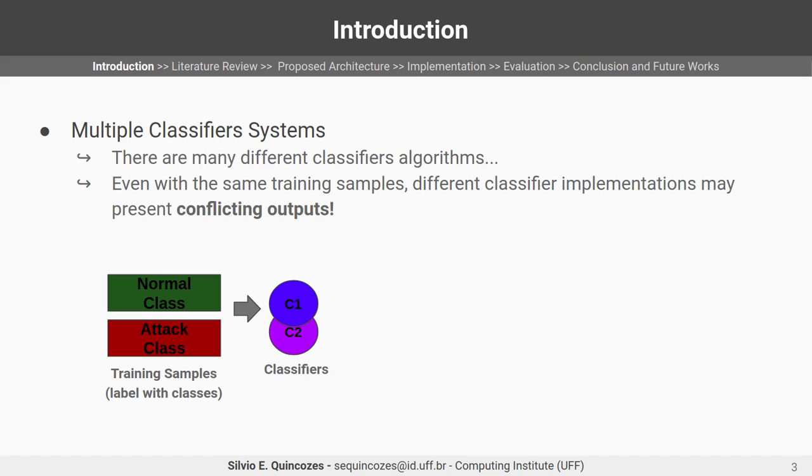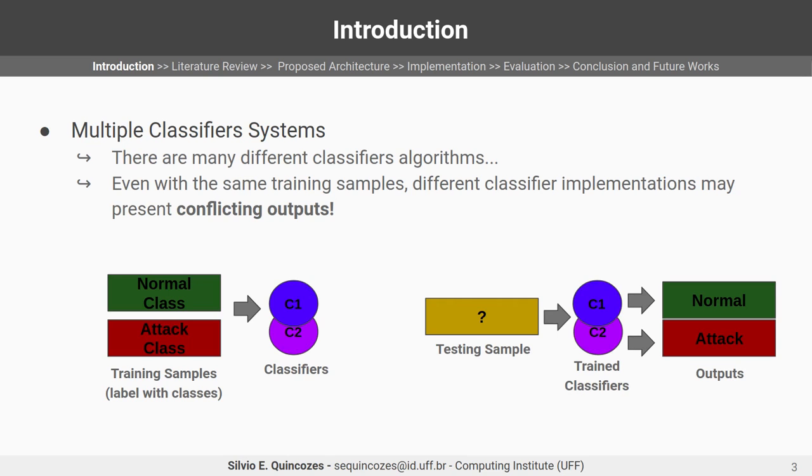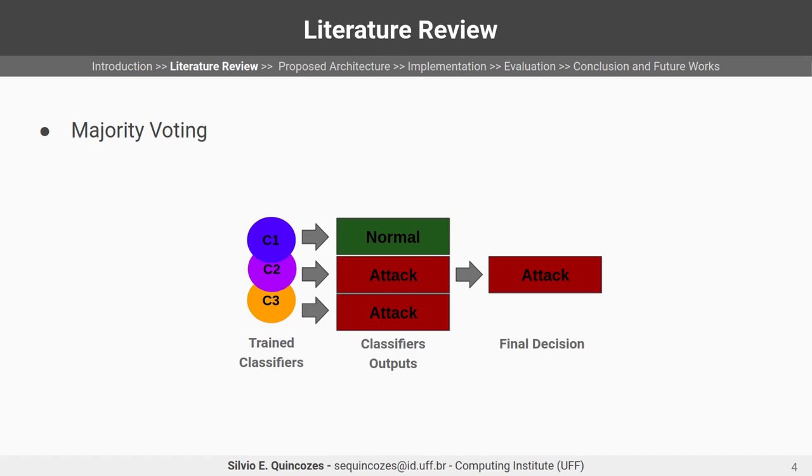For example, if we have classifier 1 and classifier 2, even with the same training samples, these classifiers will present different or conflicting outputs. So there are many works that try to solve this problem, combining these multiple classifier outputs to improve the final decision.